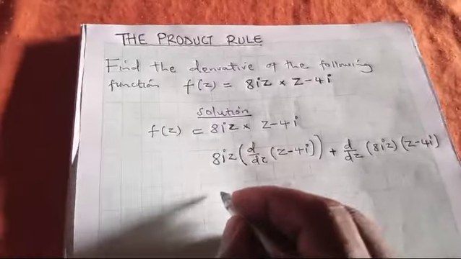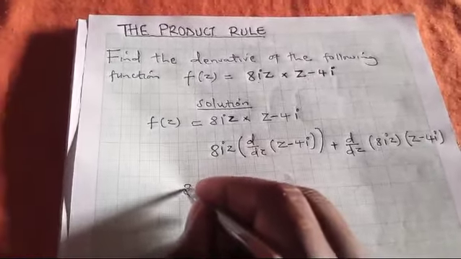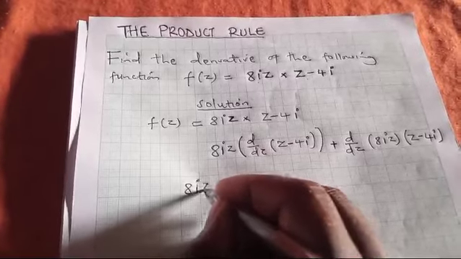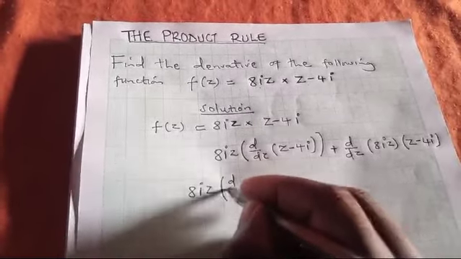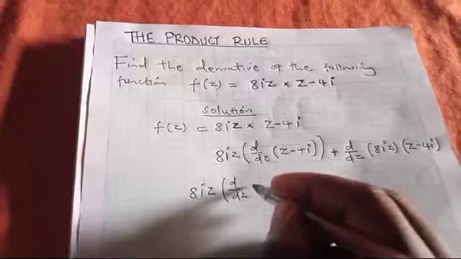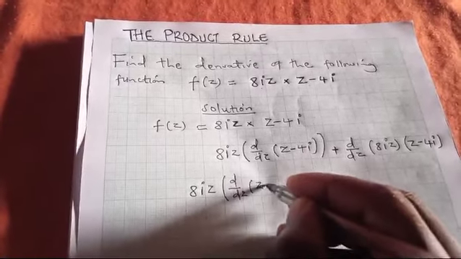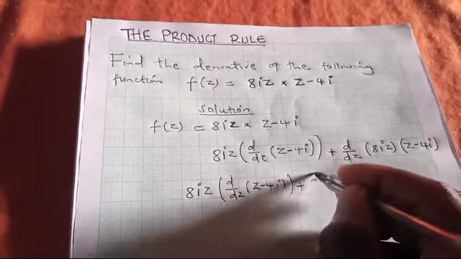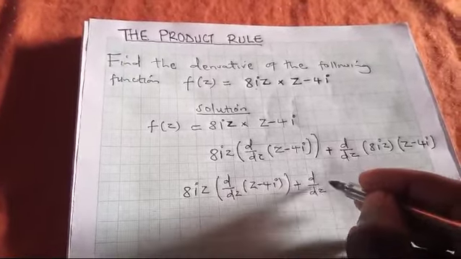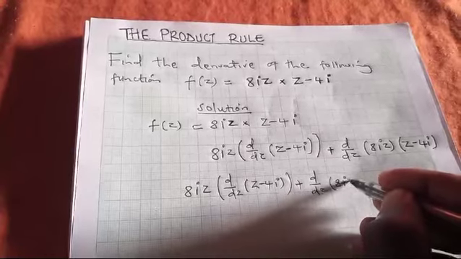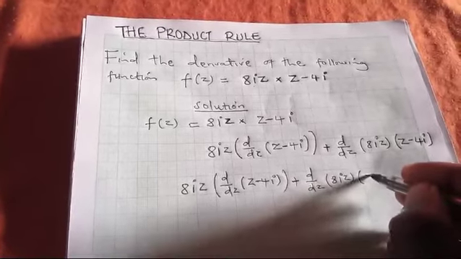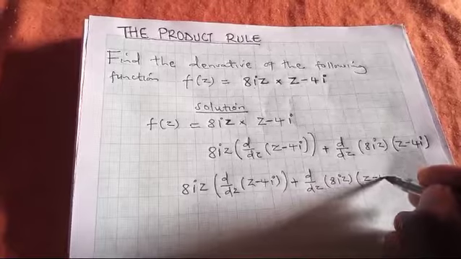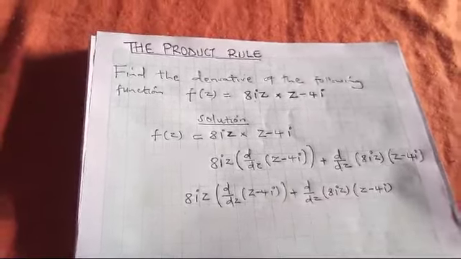So this is what we have. Let me arrange it in an orderly manner. We have 8iz, we multiply by the derivative of the second part, then we add the derivative of the first part, then we multiply this by the second part. So let's see.